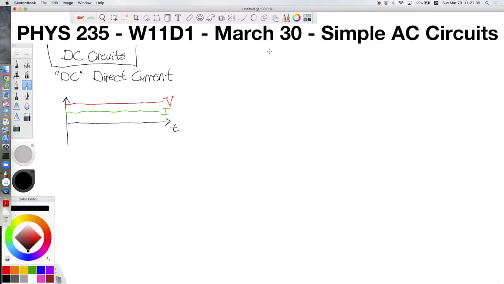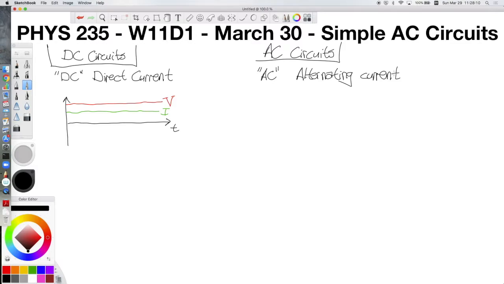We're going to contrast this with what we're going to learn now, AC circuits, where AC stands for alternating current. This means that the current switches from flowing forward to backward to forward to backward continually over time, usually following a sine wave pattern.